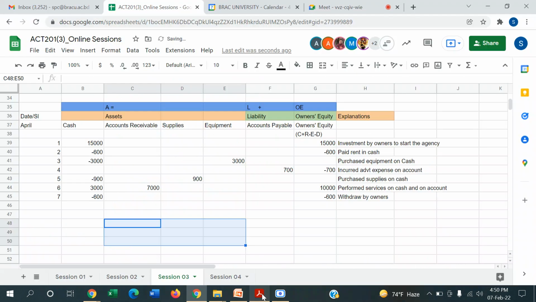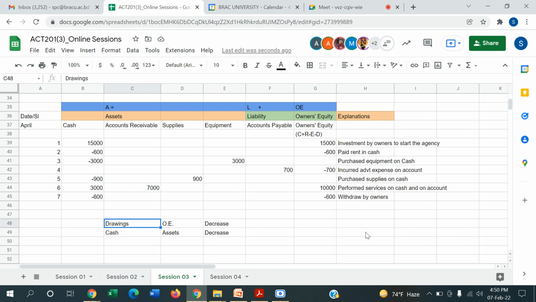Number 8. Owner's equity should increase because drawings are decreasing, right? Do you think that drawings is decreasing? Why do you think so?